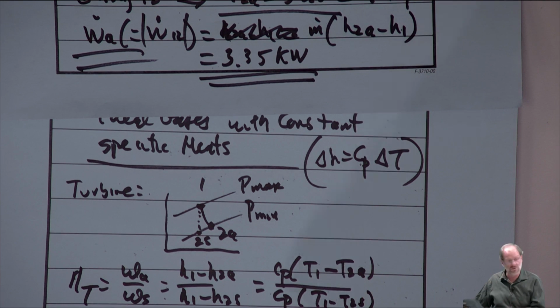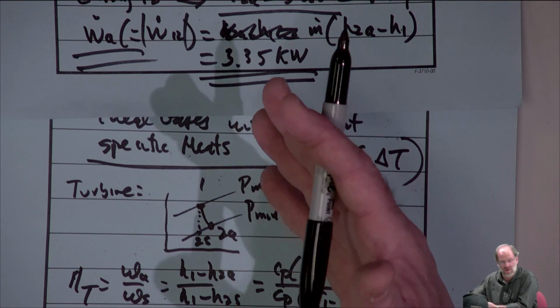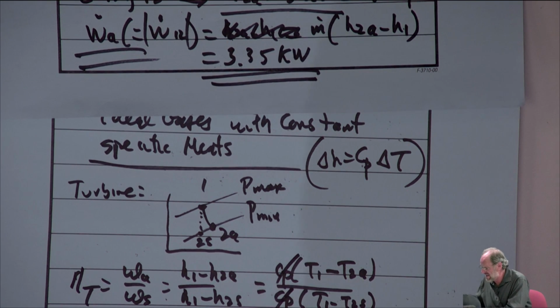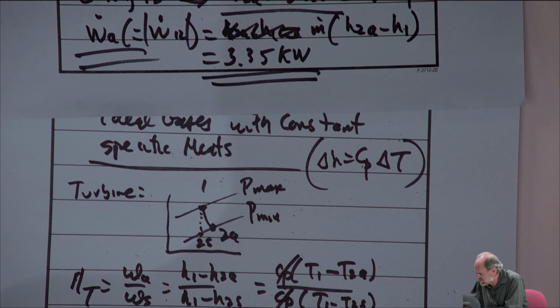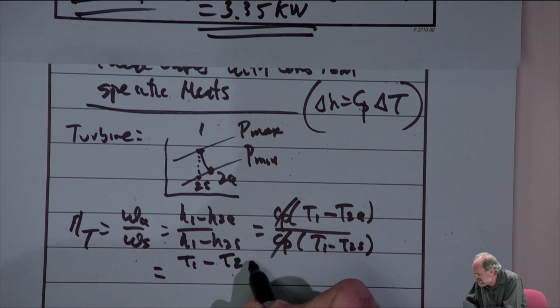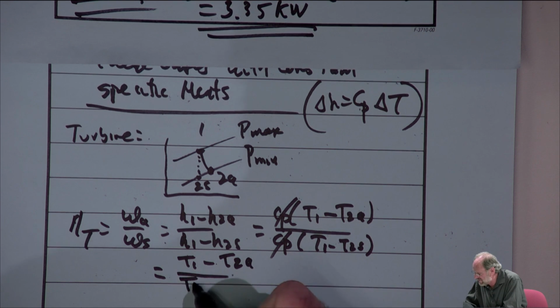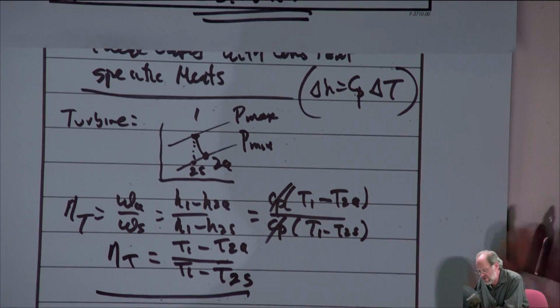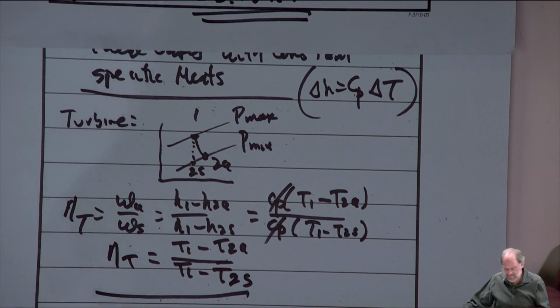And in fact, if we're assuming constant specific heats, you're assuming the same constant specific heat whether it's an ideal or a real process. So the Cps are going to cancel. And therefore, the turbine's isentropic efficiency is based solely on temperatures. We don't even need to know what the specific heat at constant pressure is. So this is the equation that we're going to use for a turbine.